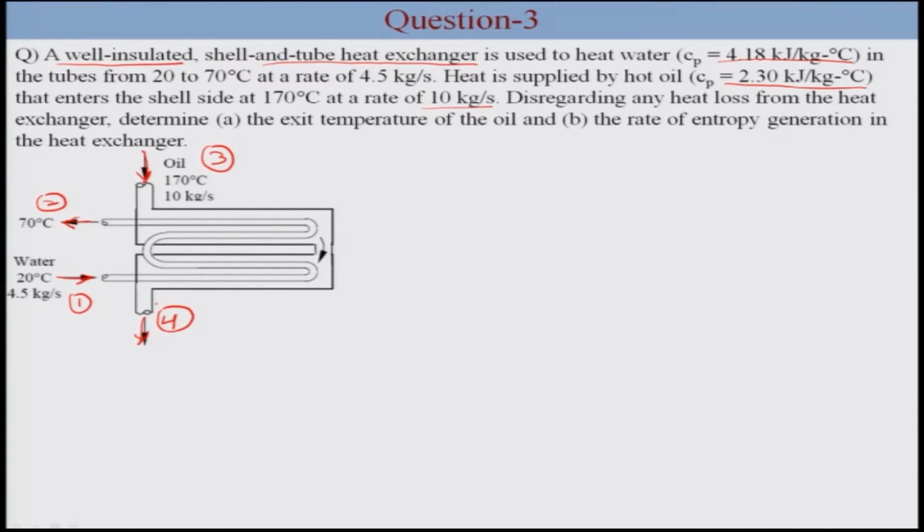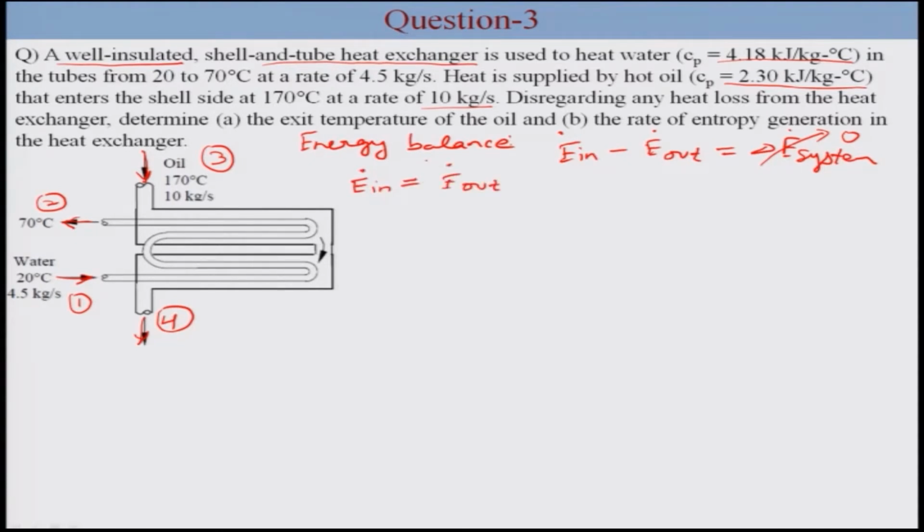If we apply energy balance on the water tubes only, rate of energy coming in minus rate of energy going out is equal to rate of change of energy of the system. Now, as it is a steady system, this will be 0, so E in dot is equal to E out dot.